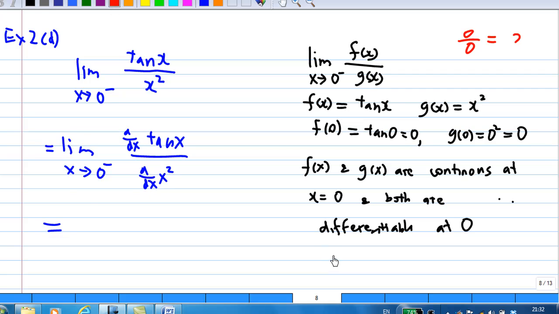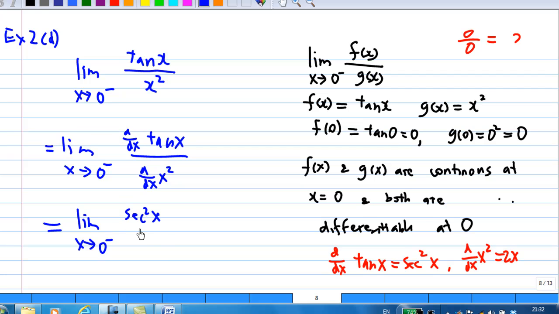And we know the differentiation of tangent x is secant squared x, and the differentiation of x squared is 2x. So this is equal to the limit as x goes to 0 minus of secant squared x over 2x. Now when x approaches 0, secant squared x approaches 1.